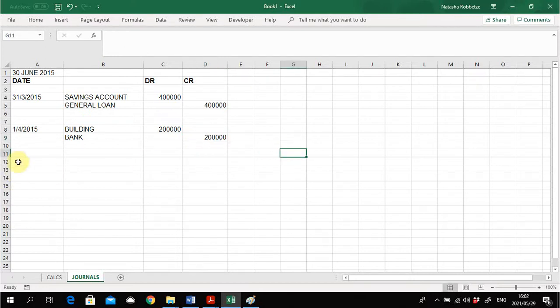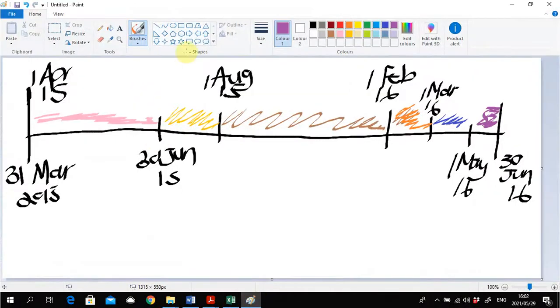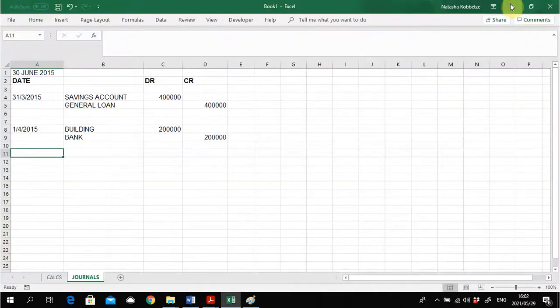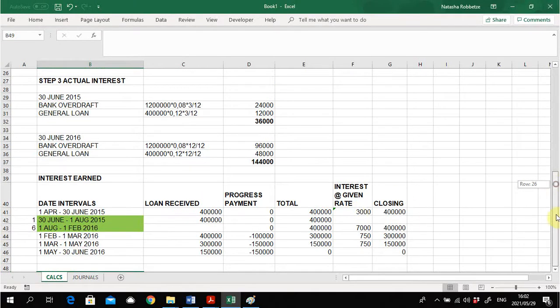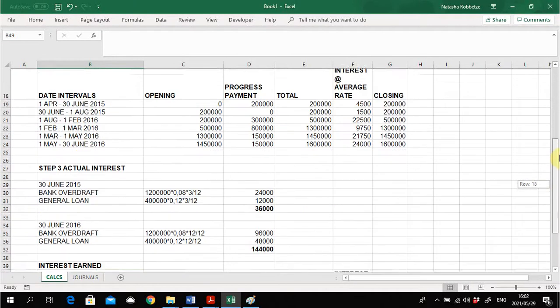Then we are on our next date on our timeline, which is 30 June. So on the 30th of June, we need to record our interest, and we also need to go and look at our interest earned.